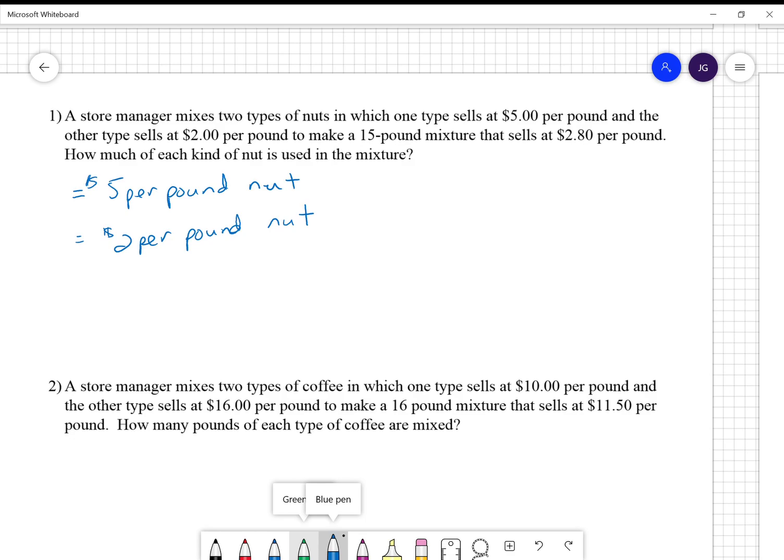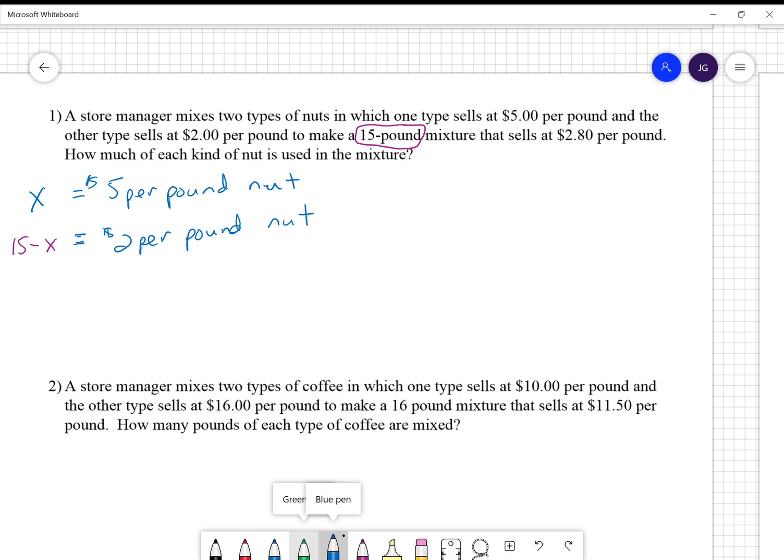Okay, so on the previous slide I said to avoid negatives, I'm going to let x equal the more expensive. So x is the $5, and my $2 per pound is going to be 15 minus x. Because if I mix them together and I get 15 pounds, if I have x of the $5 per pound, it's 15 minus x for the $2 per pound.